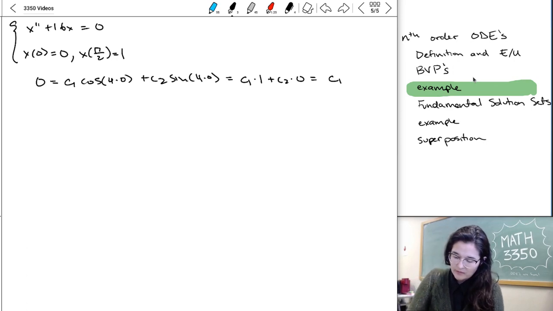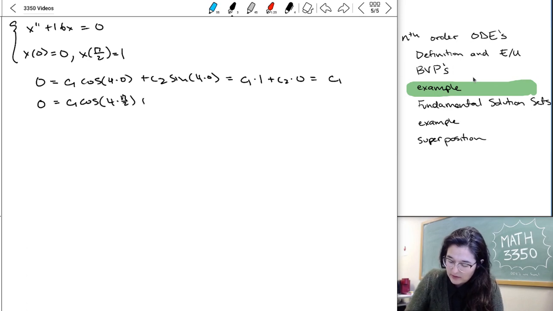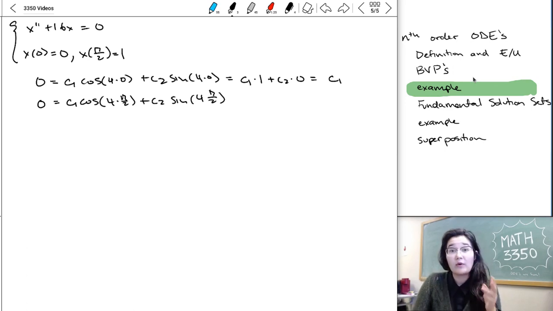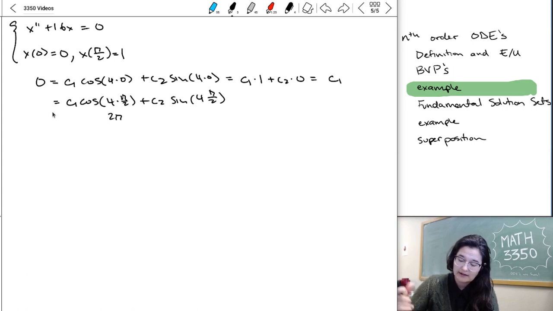But now this second condition right here gives me c1 cosine of 4 times pi over 2 plus c2 sine of 4 pi over 2. And that 4 pi over 2 just becomes 2 pi. And I'm sorry, I copied that down wrong. It's x of pi over 2 equals 1. So I should have a 1 right here, not a 0.